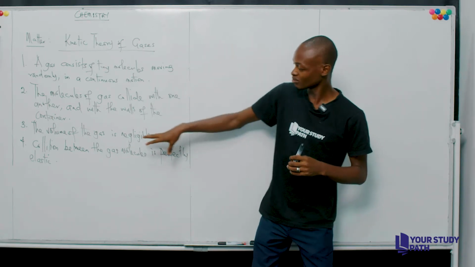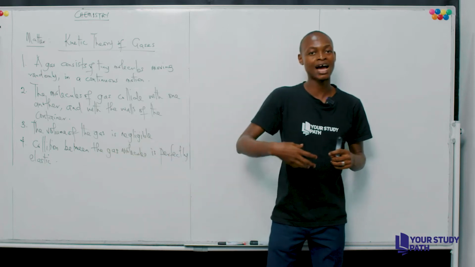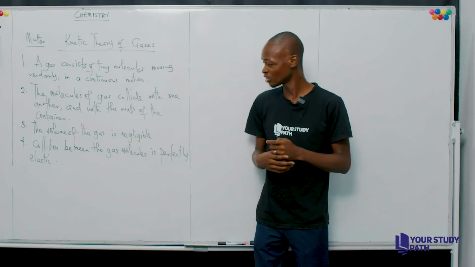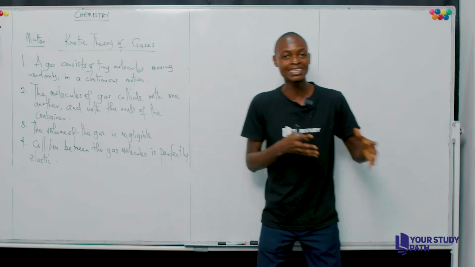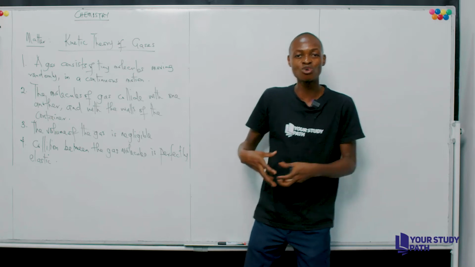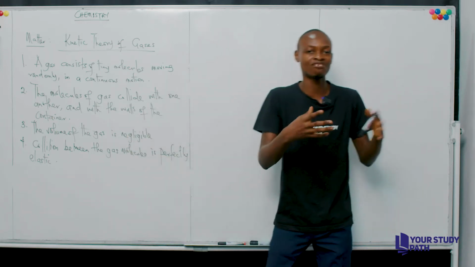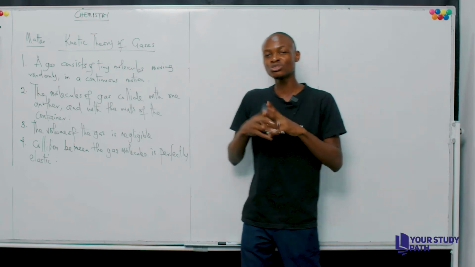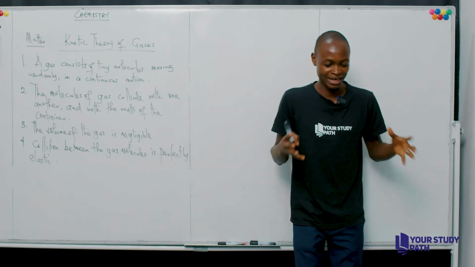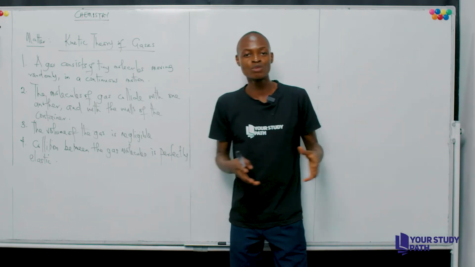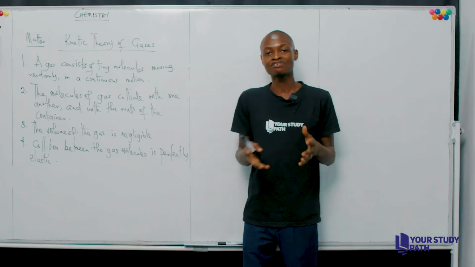So while the gas molecules are continually excited and carrying out random motion, the moment they collide, whatever force they were exerting before collision remains even after collision. There is no loss. There is no scenario where there is a coalition between two or more molecules after collision.